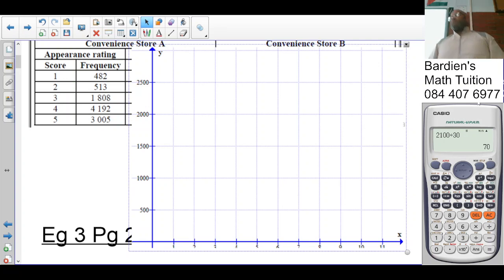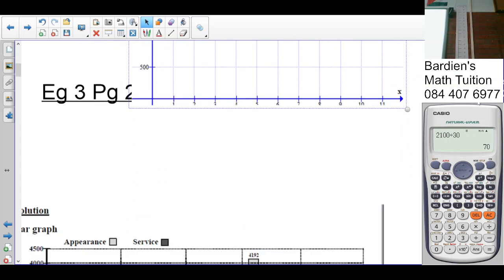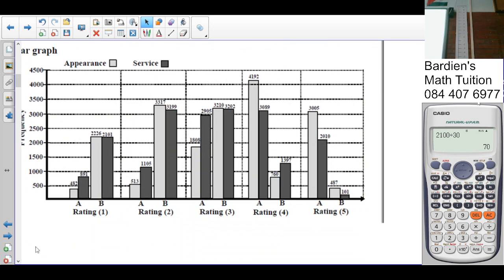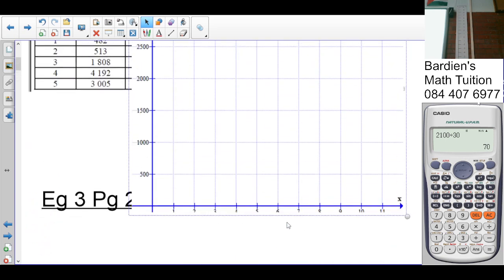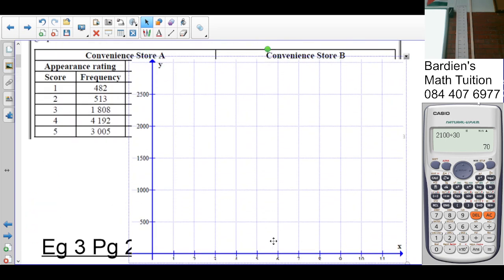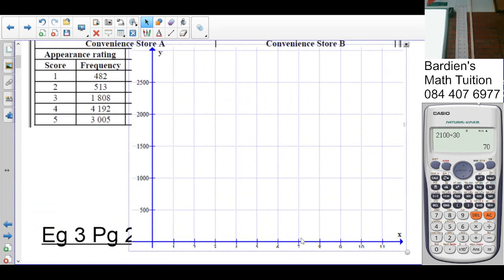So here we will have station A. So they got rating 1, 2, 3, 4, and 5, as you can see here. So if you go with rating 1, let's use this for rating 1.